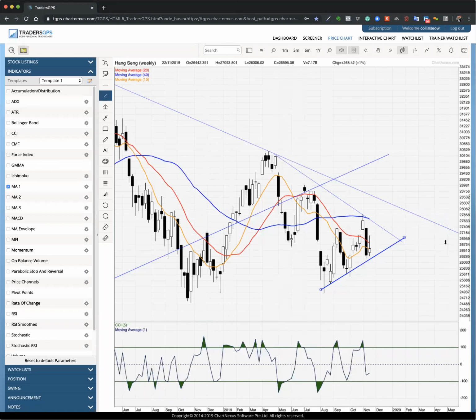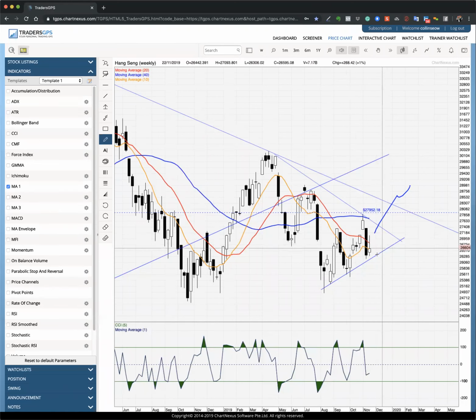The turning point will really be this high over here, which you see at the 27,900 area. If we can overcome 27,900, then possibly it can go up higher. But meanwhile, I think the likelihood is still that it will be consolidating.